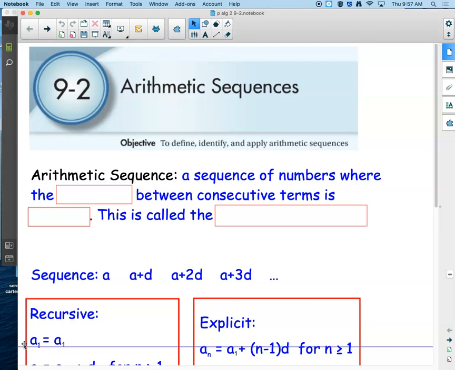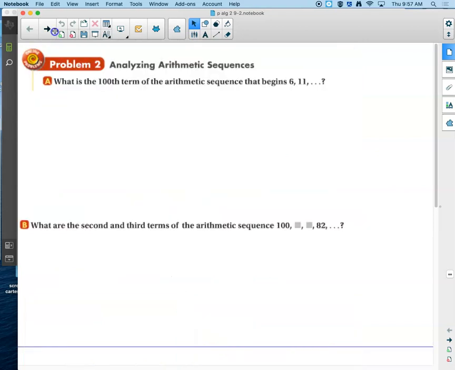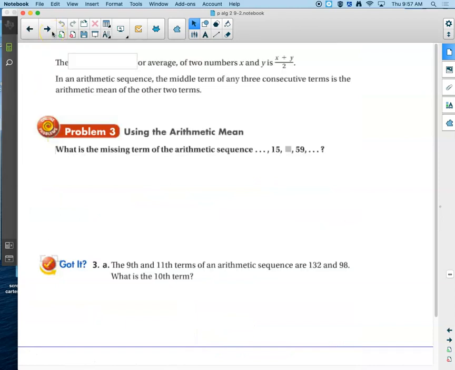Identify, on the test, it's going to say, is this arithmetic, is this geometric, or neither, and then do things with it. So that's key. And then apply, that's us saying, well, let's go grab that formula that we have. a sub n equals a sub 1 plus the quantity n minus 1 times d, and do some math with it.